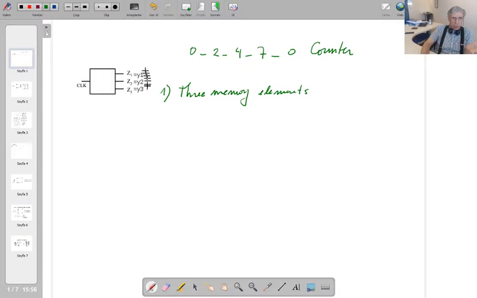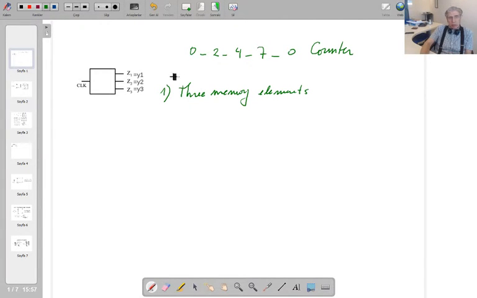So if I take these Z outputs as Y1, Y2, Y3, I have got three memory elements. These memory elements' output is going to change for each clock pulse from 0 to 2, from 2 to 4, from 4 to 7, from 7 to 0. So this is one of them.